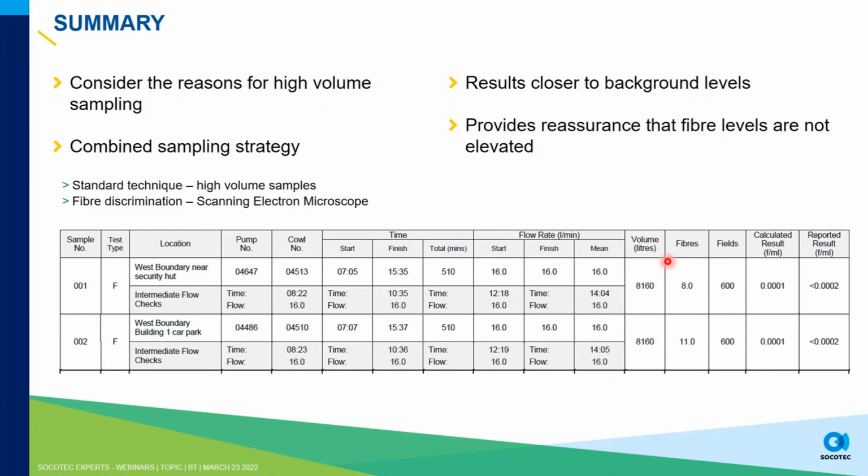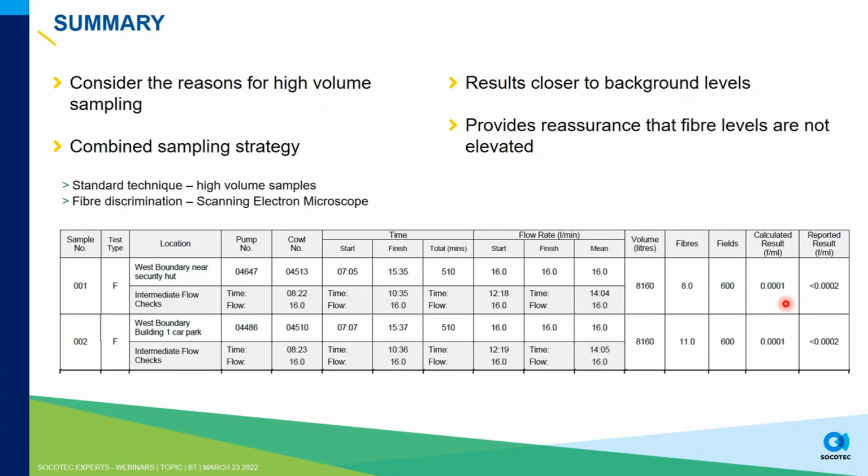Clearly, sampling high volumes of air, a high number of fields, and getting down to very low levels of fibre detection gives that reassurance that the level of fibre within the building is significantly below the 0.01 clearance indicator, and thereby down to environmental levels as suggested by the approved code of practice.